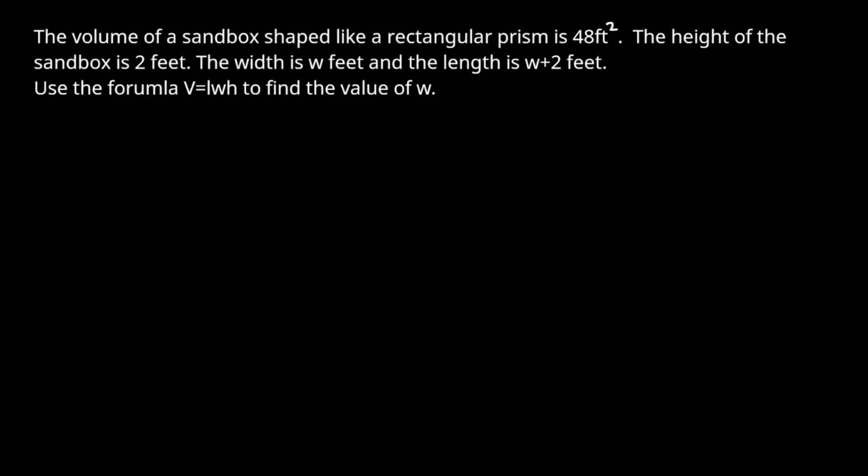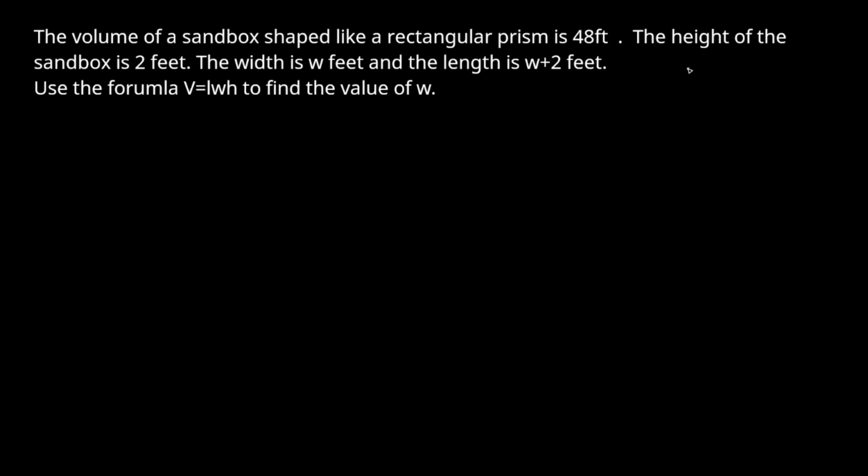All right, so we have a story problem for this. It says the volume of a sandbox shaped like a rectangular prism, which is just a fancy math term for a box, is 48 feet squared. It should be cubed, because it's volume.